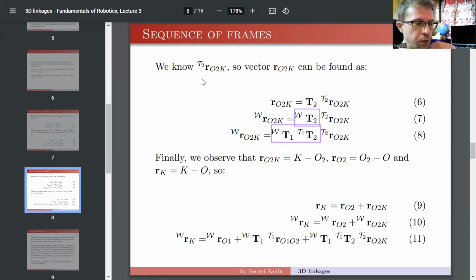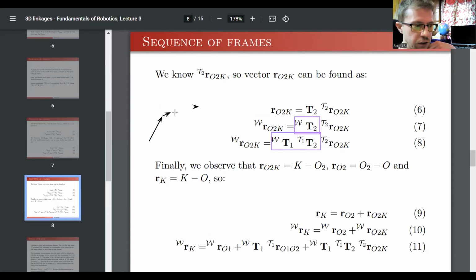If you remember our picture that I drew on a slide before, it had a few of those black vectors. First was O1, second was O2 with respect to O1, and the last one was K with respect to O2. Now we have all those black vectors, and we have them all with respect to the world frame.